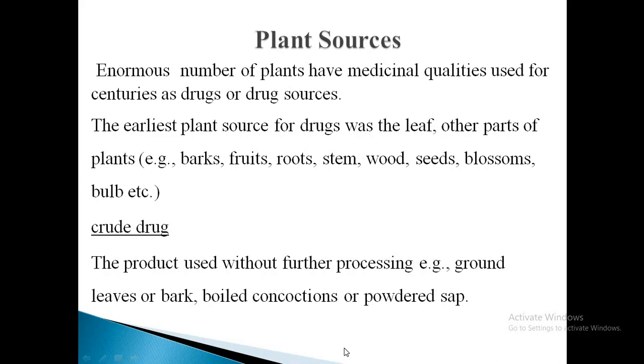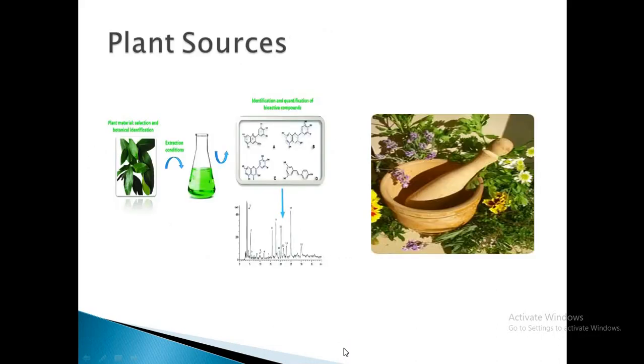So that means that a part of the plant used in a crude form without any processing step is called a crude drug. So this is an image showing the preparation of a drug from the plant source.